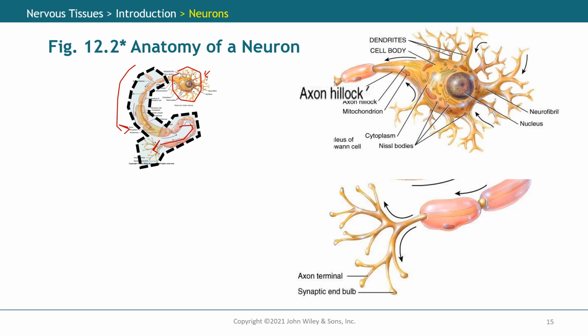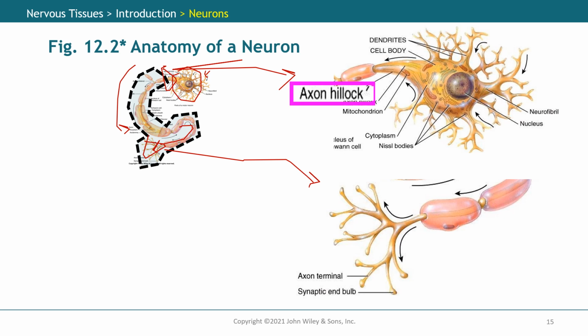One is close to the cell body, here, and the other one will be here. So the two extremes of the neuron. And why? Because in those regions you will find the axon hillock.